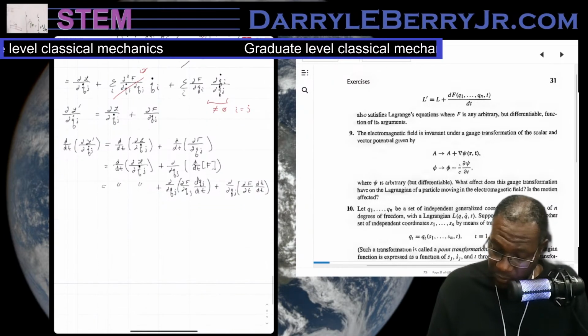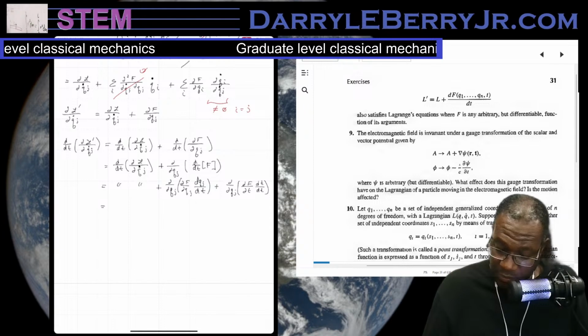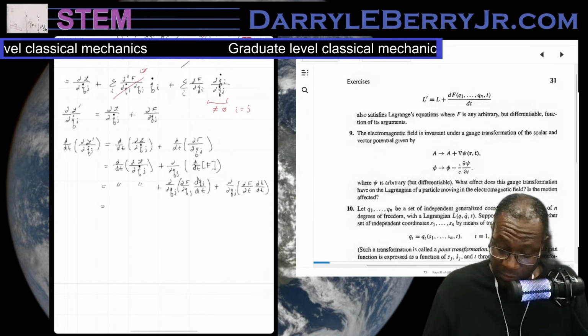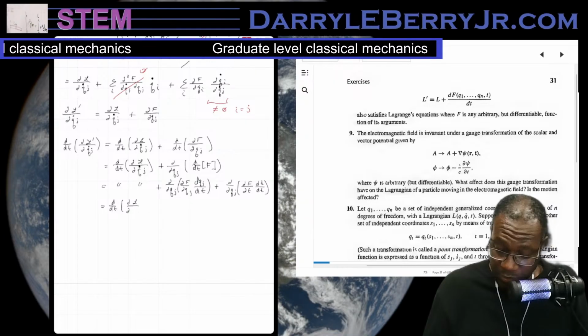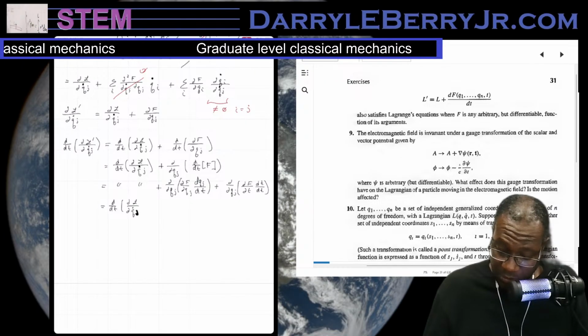Right? This equals the same thing, d/dt of partial L over partial q dot j.